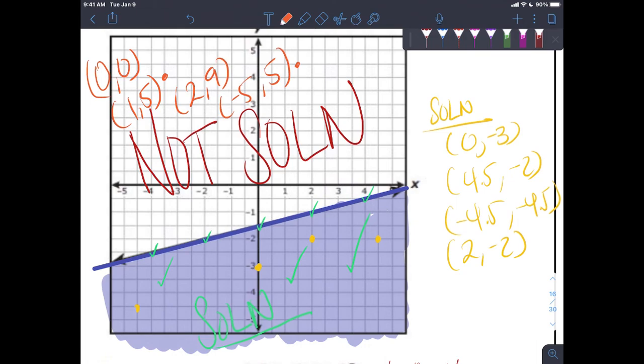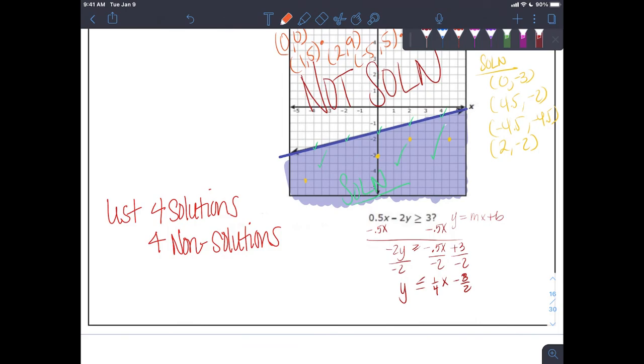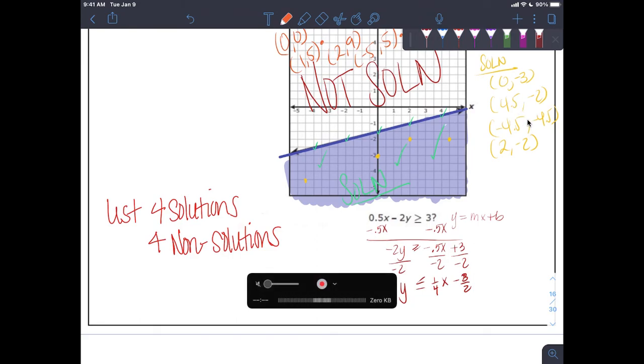Now, the other way that we could do this is we can also test this to make sure that it does validate my equation, meaning I can plug in specific numbers for x and y to verify that it keeps the equation true. So for example, if it is a solution, as (0, -3) is, I should be able to plug that in and it should tell me true.